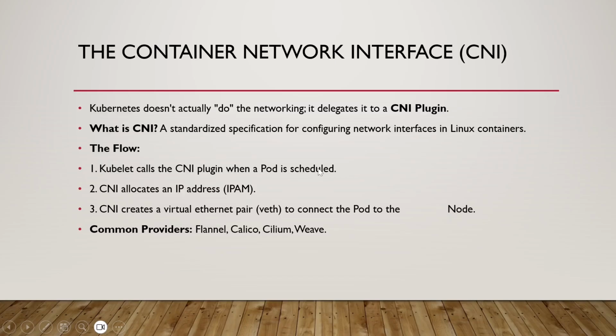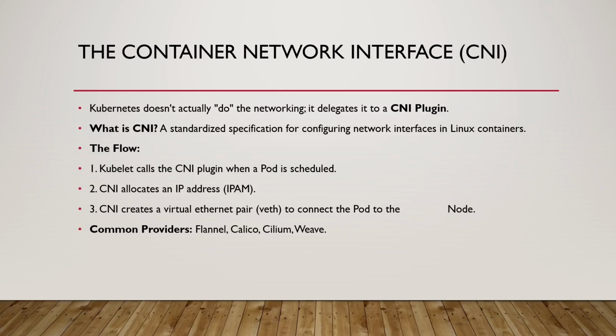We already discussed the pod lifecycle, the four important states: first was the pending state, second was ready and running, there is a failed state also, and there was also an unknown state. So when a pod is scheduled, Kubernetes calls the CNI plugin.